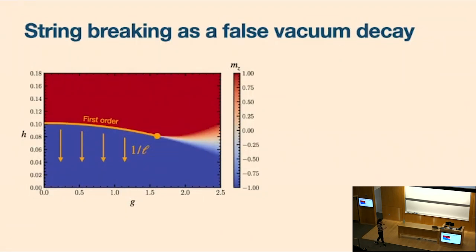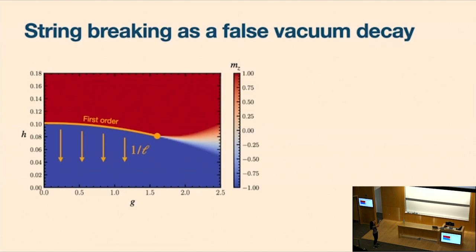Finally, let me mention that this phenomenology of string breaking is very closely related to another phenomenon called false vacuum decay. So the idea is that if you look at the phase diagram, this is the magnetization of the ground state as a function of the transverse and longitudinal field.